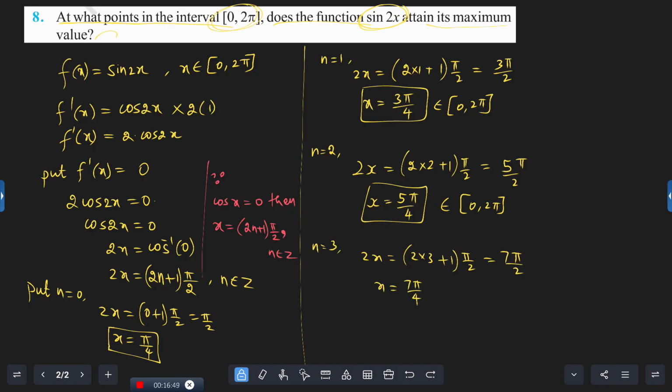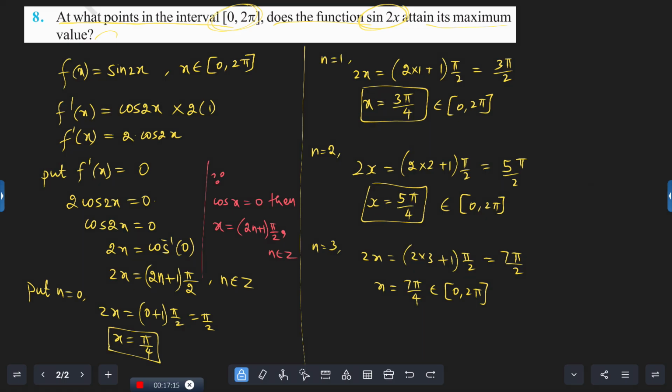This also we have to check. 7 into 180 divided by 4, that is 7 into 45, which is 315. This also belongs to the closed interval 0 comma 2 pi, because 2 pi is 360, so it is less than 360.